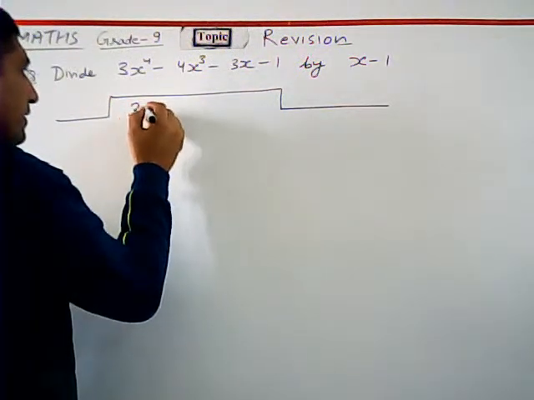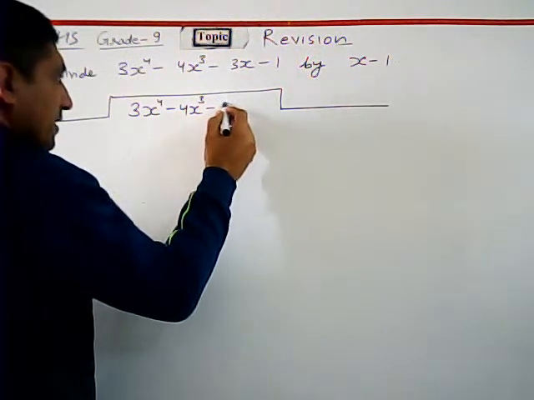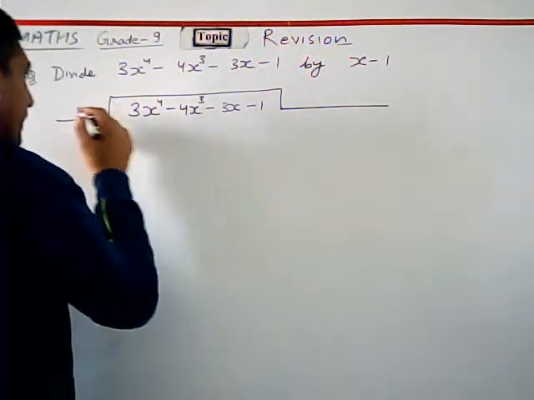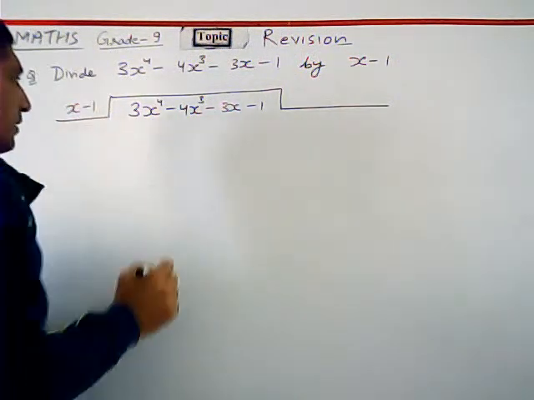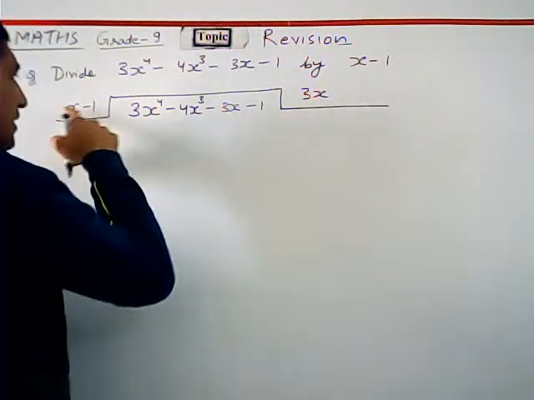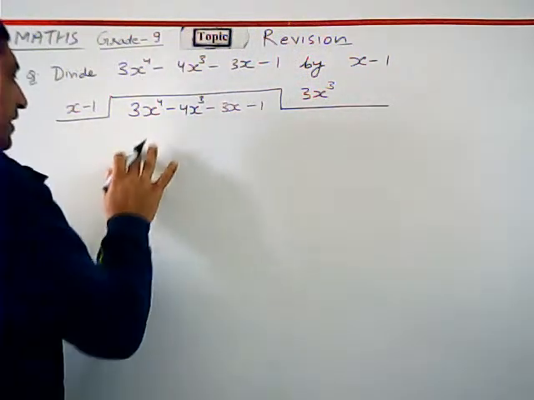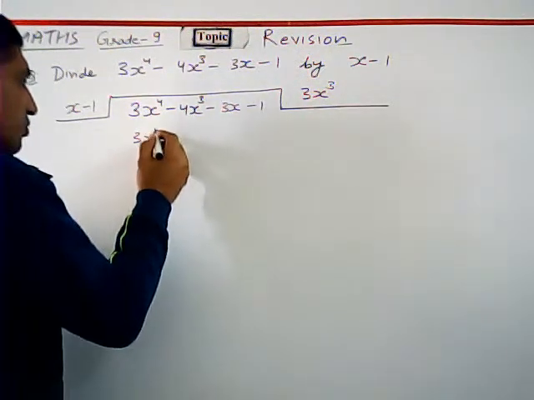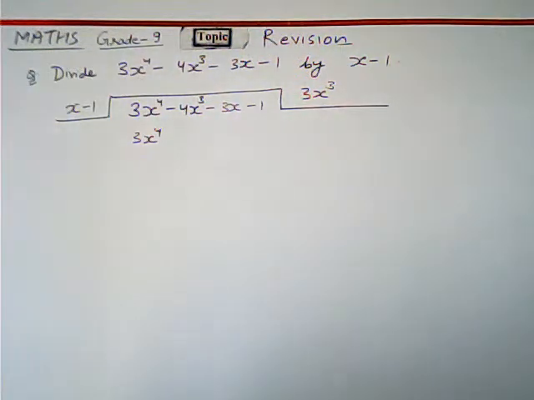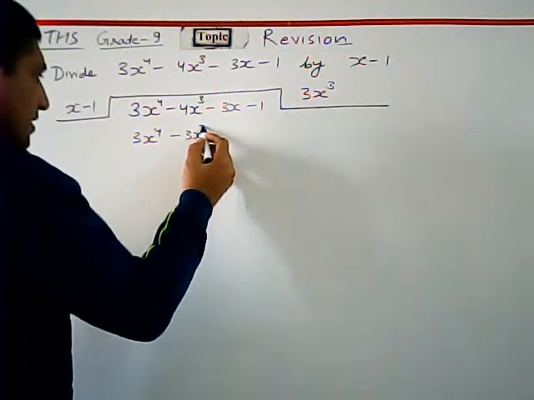So when we are going with division, we have 3x^4 - 4x^3 - 3x - 1, and here is x - 1. We start with 3x^3, so here it will come 3x^4 and minus of 3x^3.